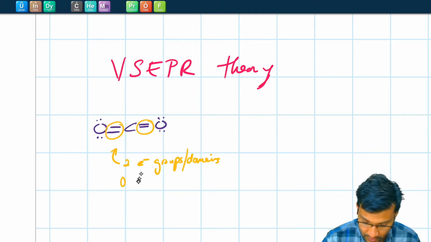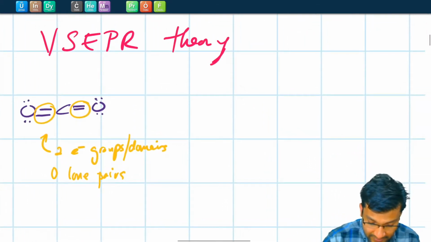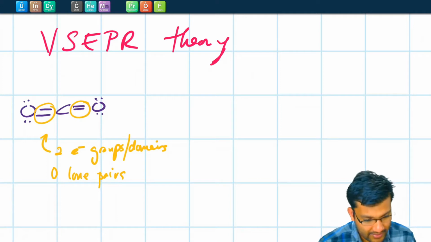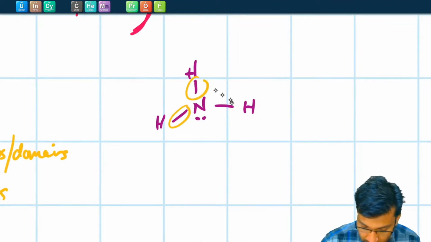There are zero lone pairs, which also helps us to figure out what the geometry is. To use a different example, let's say we had ammonia. Ammonia has three hydrogen bonds like this and a lone pair on the nitrogen. We know that we have 1, 2, 3, 4 electron groups.